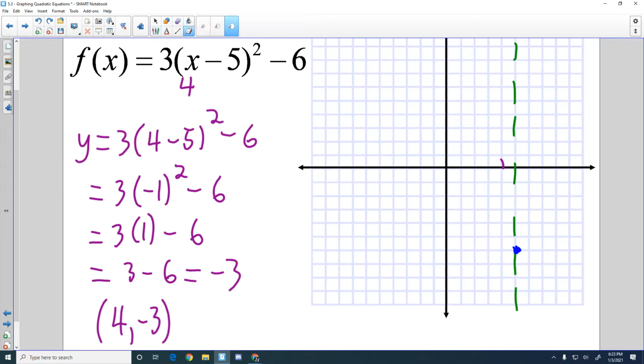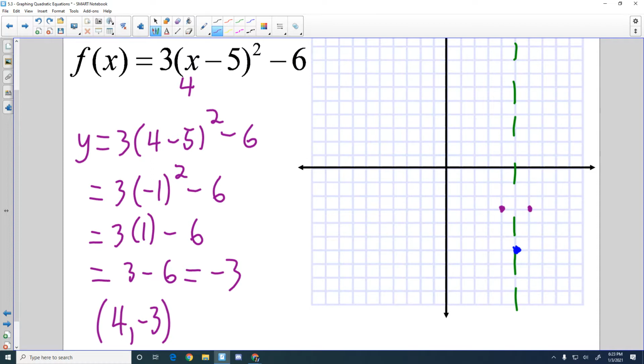So that's a point on our parabola that we can plot. So go to 4, comma, -1, 2, 3, and put a dot. Cool thing with this is once you find one point, just reflect it over the axis of symmetry to get another point, right? Every point besides the vertex has its own mirror point.